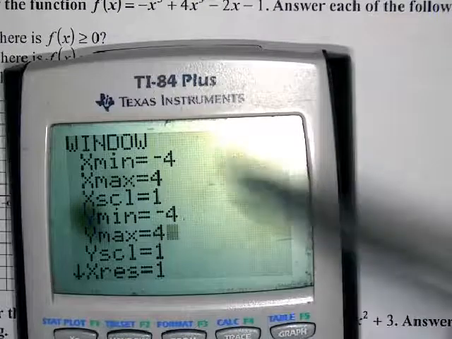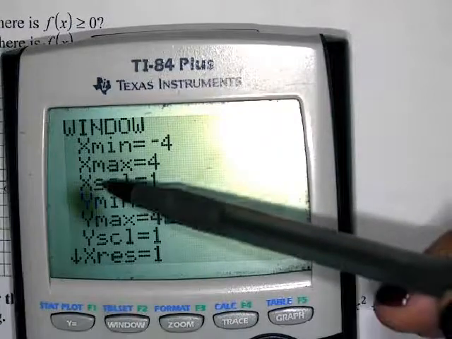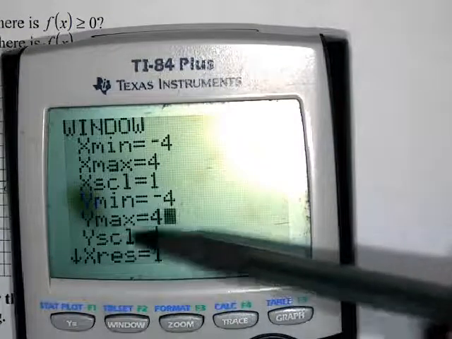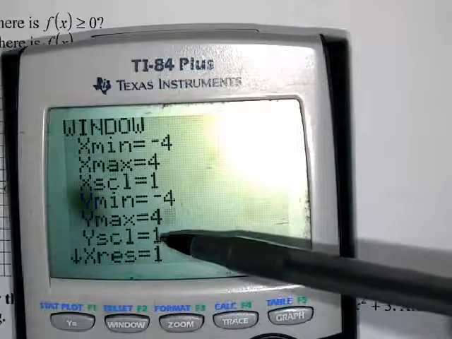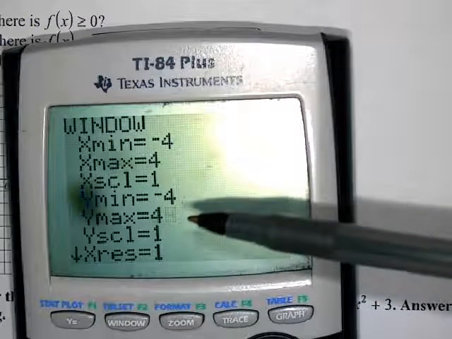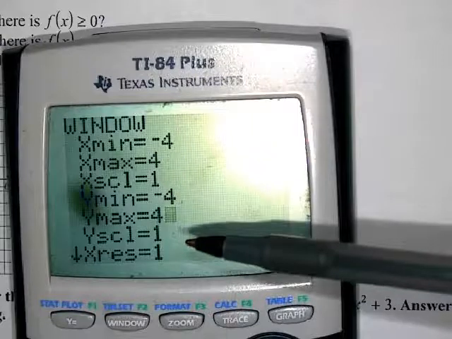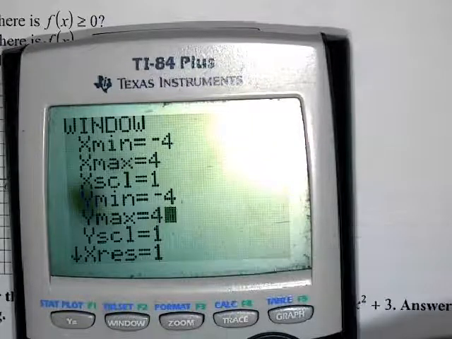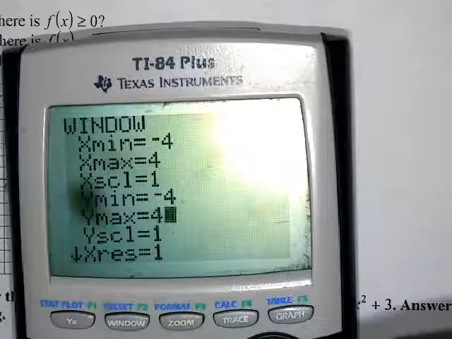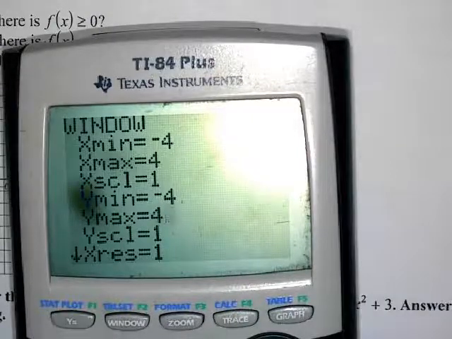This part, X SCL, Y SCL, says X scale and Y scale. It's telling you that it's putting the little dashes at the ones. A dash at 1, a dash at 2, a dash at 3, a dash at 4. Yeah, dashes at 1s are fine. See the little notches on the line?